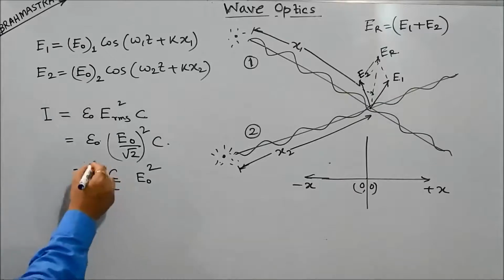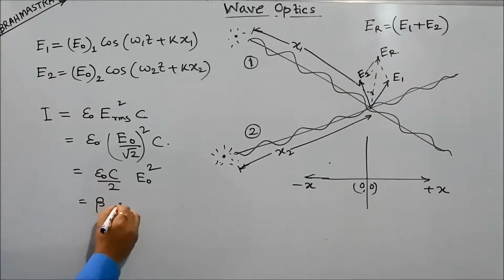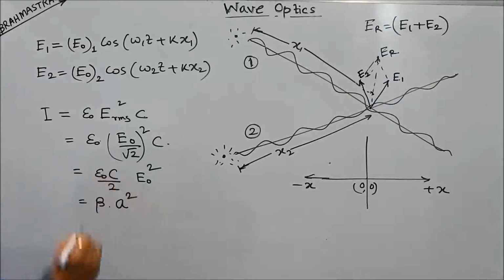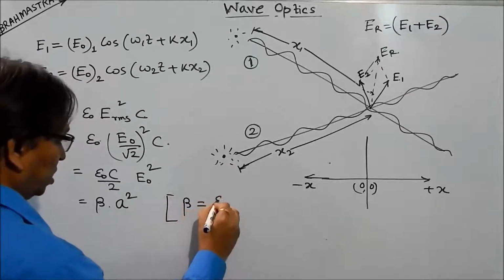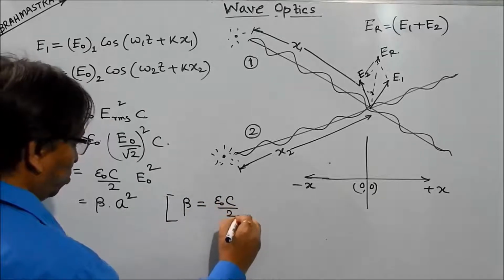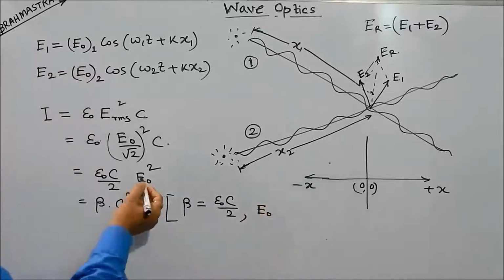Now let us take this constant as beta and this as A. This assumption will make our calculation easier, so that's why I am assuming this. Beta is a constant which is actually epsilon naught C by 2, and E naught is the peak value, the amplitude.